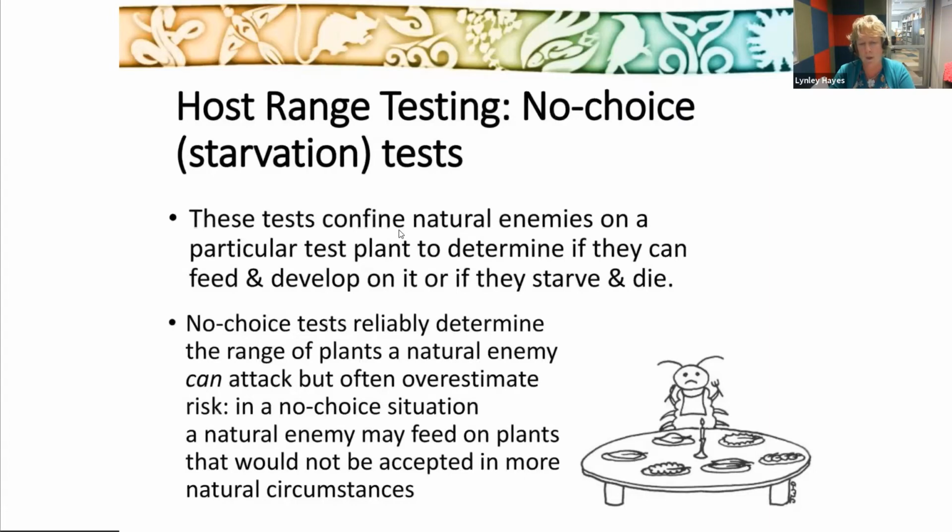They're being poisoned by the chemicals in the leaves. They can't survive on it, and they quickly die. And so what this does is it gives you an overestimate of risk, really. In the field, in a natural situation, they would never actually try and attack those plants, but because we're forcing them, they are trying to. So it gives us the worst case scenario, which we know is not going to happen in the field.